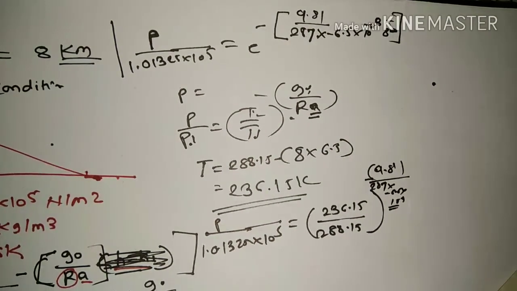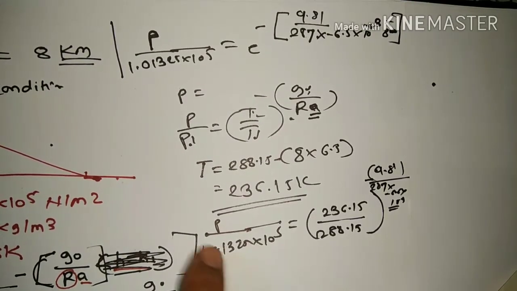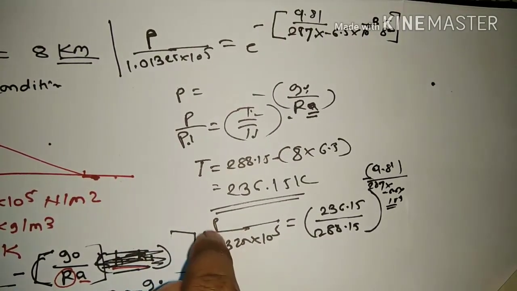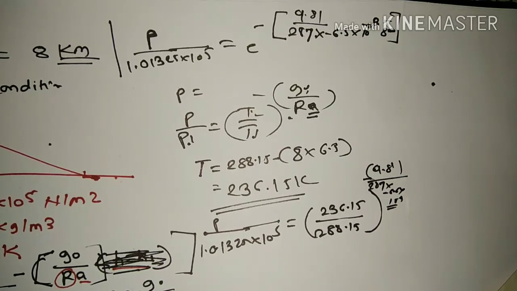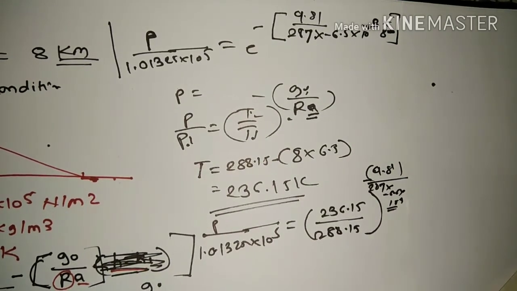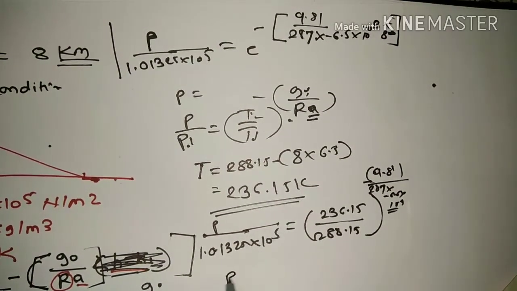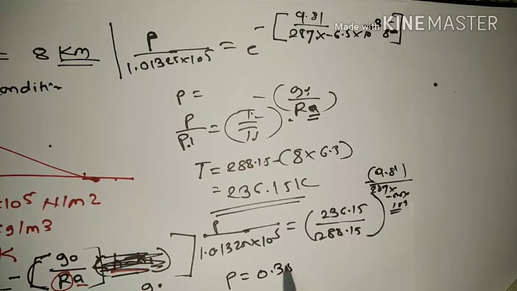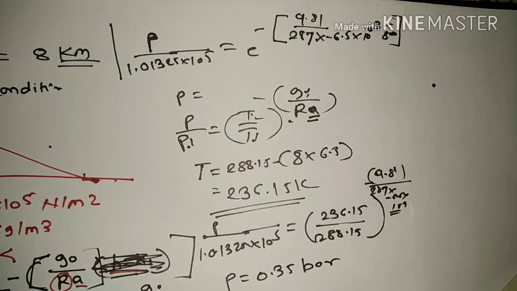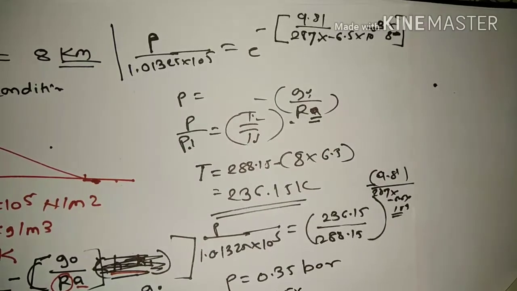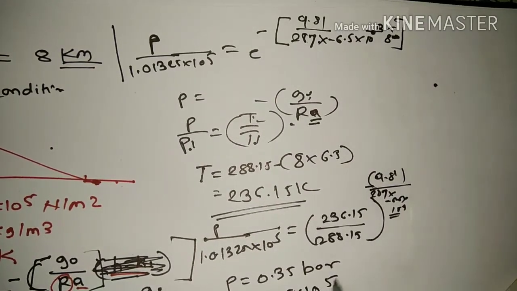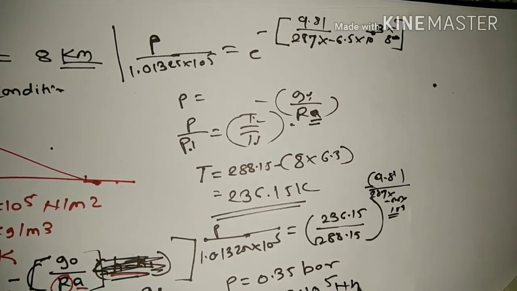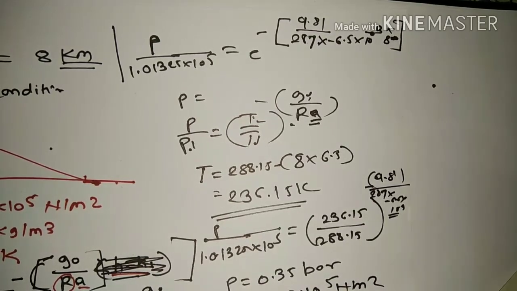So we put the values in the formula and calculate the pressure at 8 kilometer. Okay guys, the pressure is around 0.35 bar or 0.35 into 10 raised to 5 Newton per meter square. So we got the pressure here.